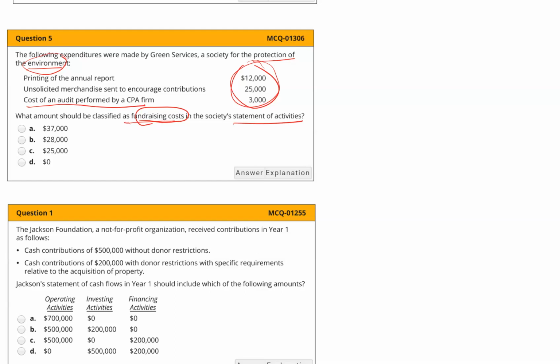The merchandise they sent to potential donors, 25,000, is directly related to their fundraising activities, right? Sometimes we also receive a beautiful pen or sticker with our name and address that we can use for mail, or any other small merchandise to encourage us to donate and contribute. So that would be the fundraising cost. Here, the fundraising cost is 25,000. The answer option is C. Next question.